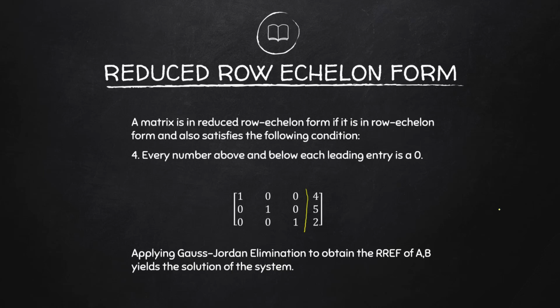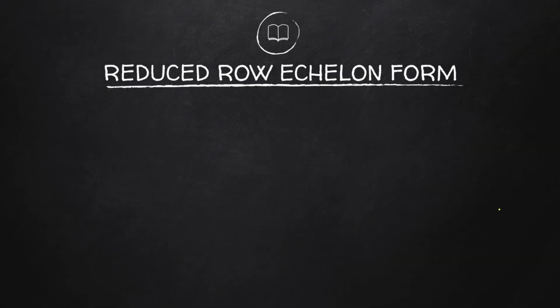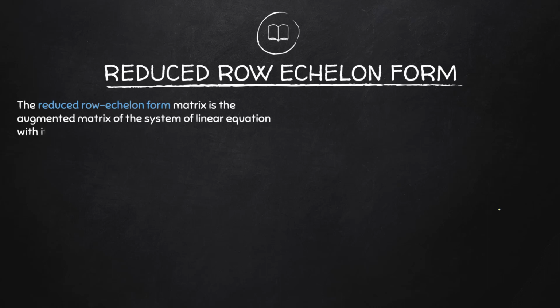So we apply the Gauss-Jordan elimination to obtain the reduced row echelon form, which immediately yields the solution of the system of linear equations. So the reduced row echelon form matrix is the augmented matrix of the system of linear equations with its coefficient matrix in its identity form. So this is the simplified definition of an RREF.